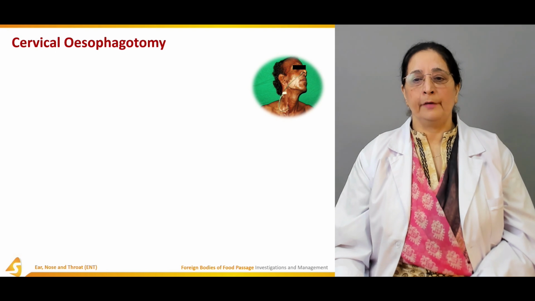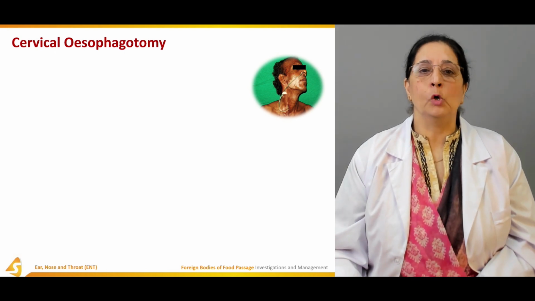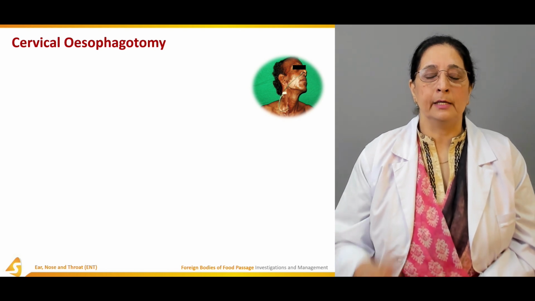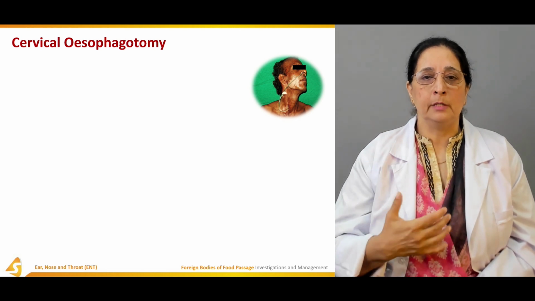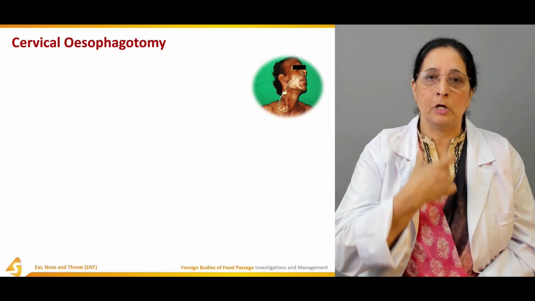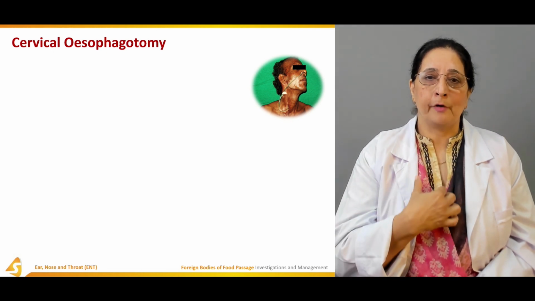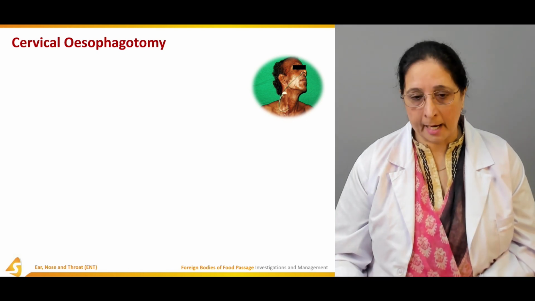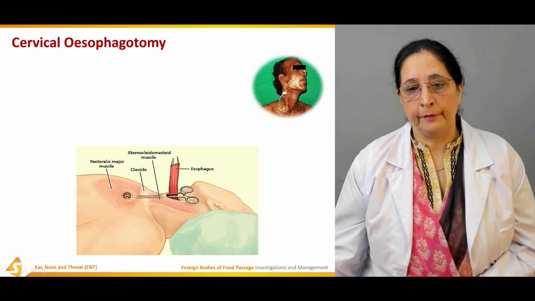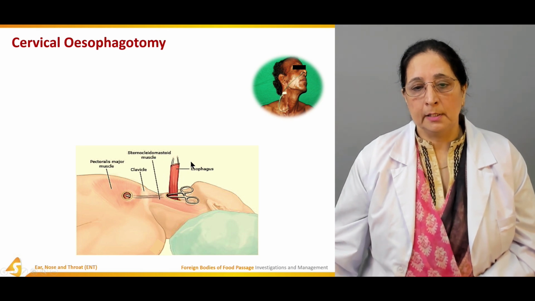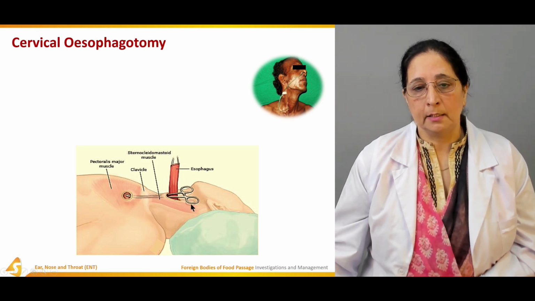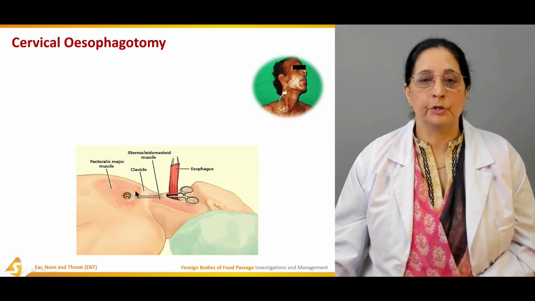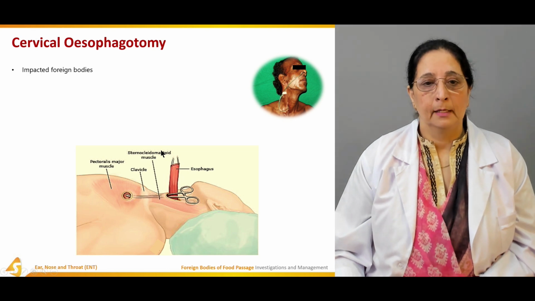Cervical esophagotomy. Otomy is opening, so it is the opening of the esophagus. The esophagus is a long tube, so it has a thoracic portion and a cervical portion, which is in the neck. In cervical esophagotomy, here you can see the esophagus. This is the sternocleidomastoid muscle. We have the clavicle and pectoralis major muscle.